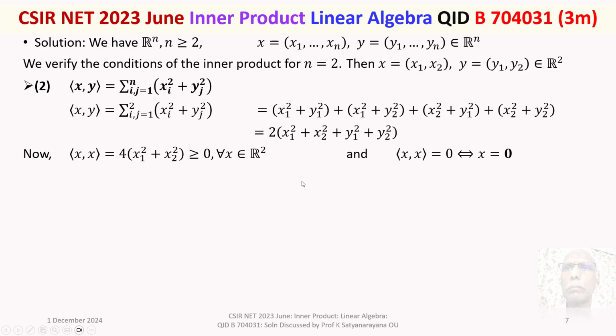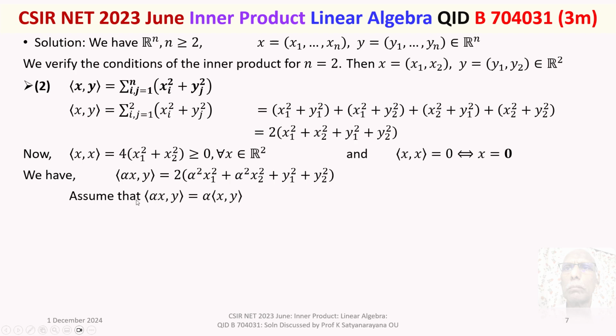So let's look at the linearity. In that, first we talk about the homogeneity. Bracket alpha x comma y is equal to 2 times, in this, for x1 we get alpha square x1 square, for x2 we get alpha square x2 square, plus y1 square plus y2 square. Agreed. Now assume that the homogeneity is satisfied.